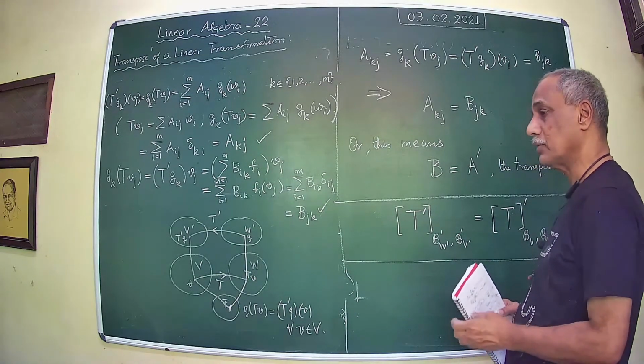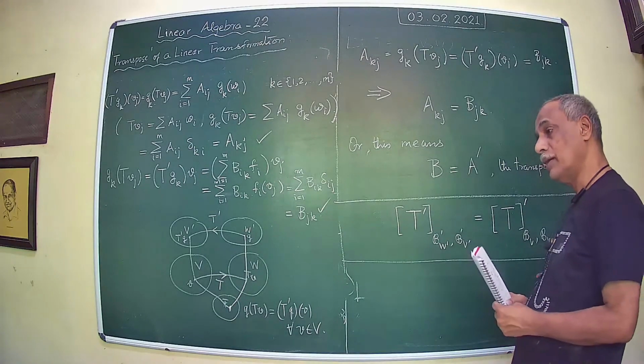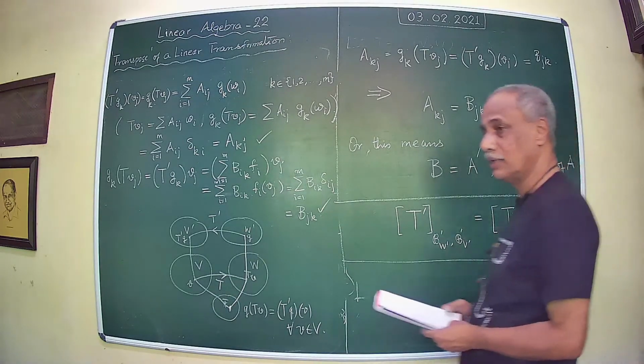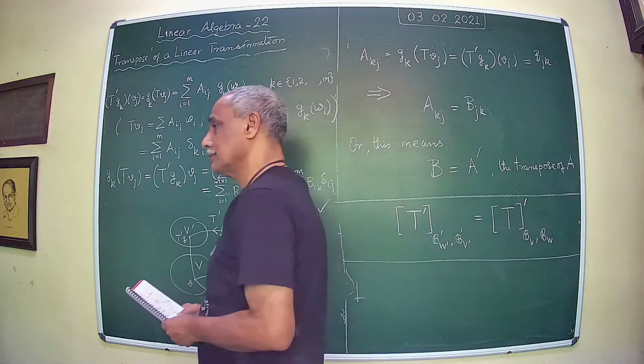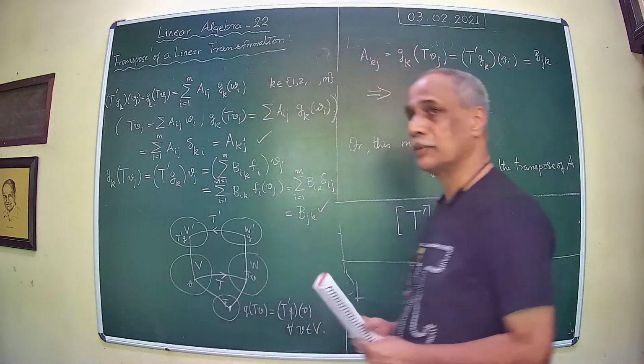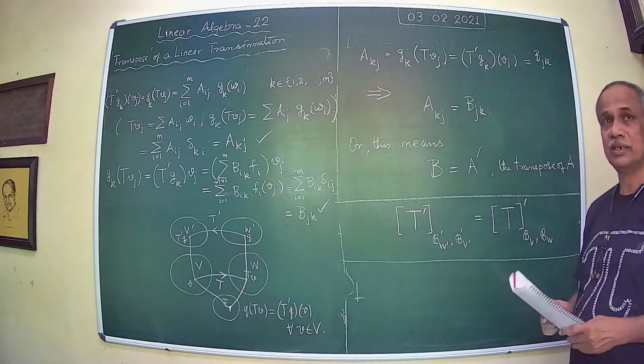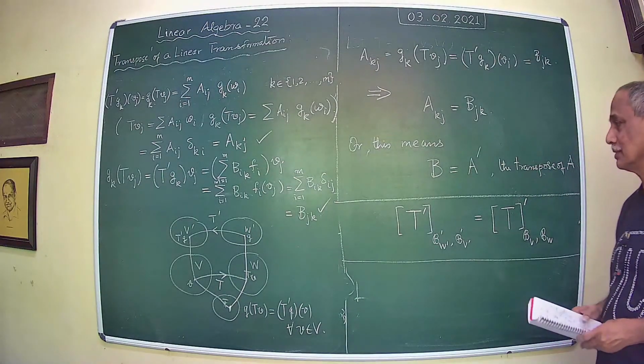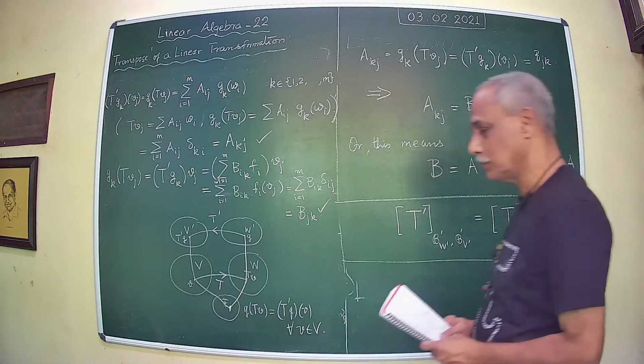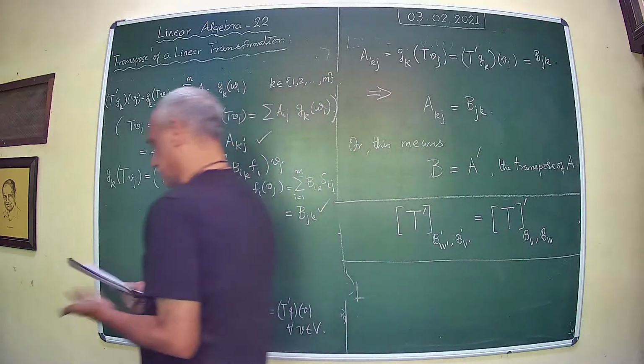Then with respect to the dual basis for the dual spaces, the matrix representation of the dual map is given by the transpose of the original matrix.